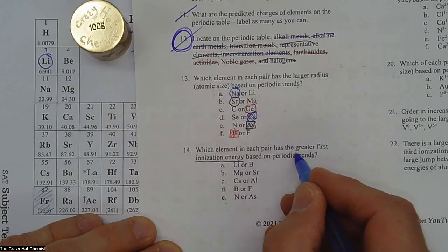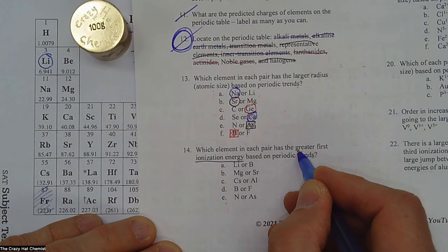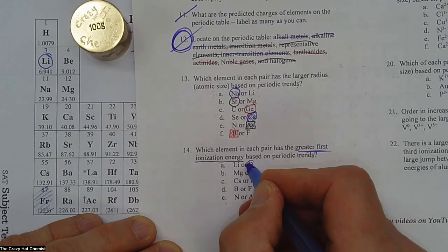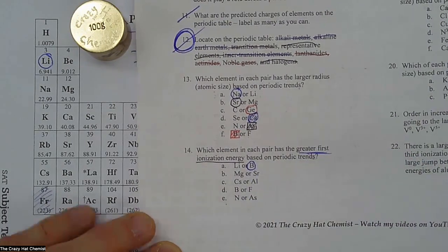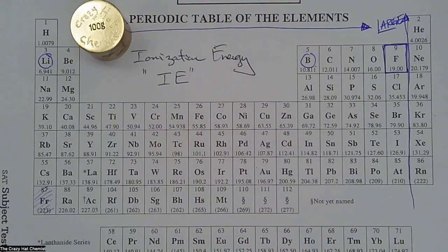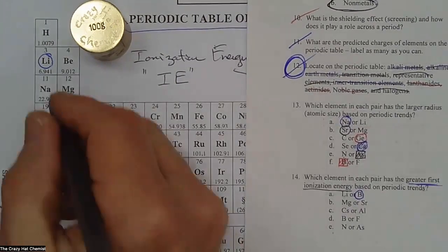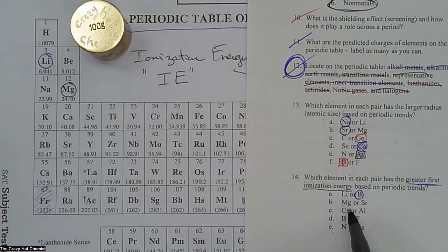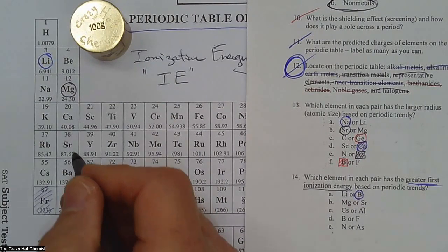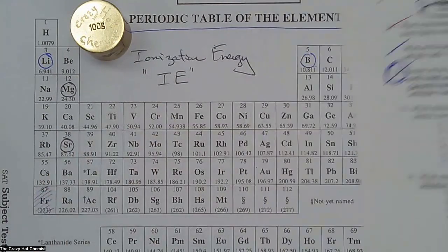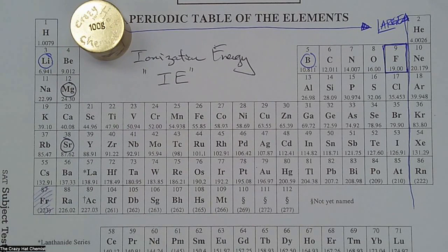Again, this is greater first ionization energy. So that's boron because it's further to the right within the same period. Okay, the next one is magnesium or strontium. And so we're looking for which one has the greater first ionization energy.